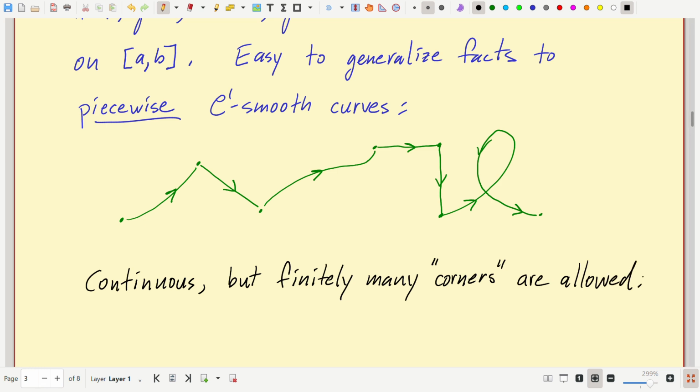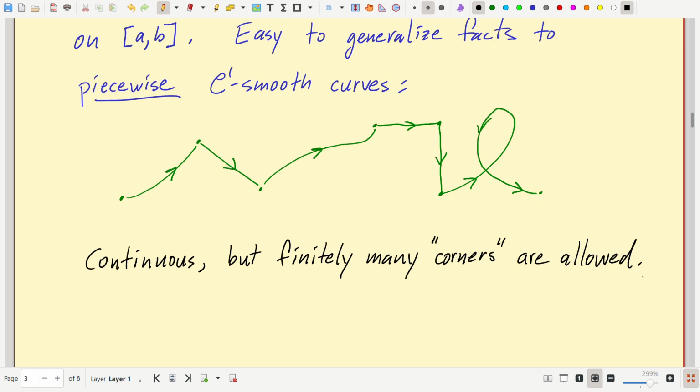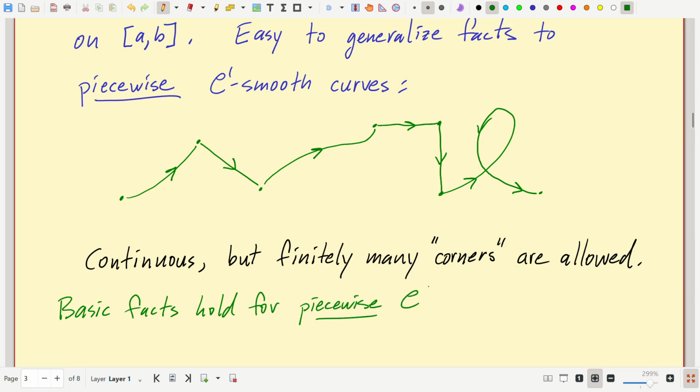Okay, I won't write out the gory definition. But the fact is that our facts hold for that kind of curve. So the basic facts hold for piecewise C1 curves.